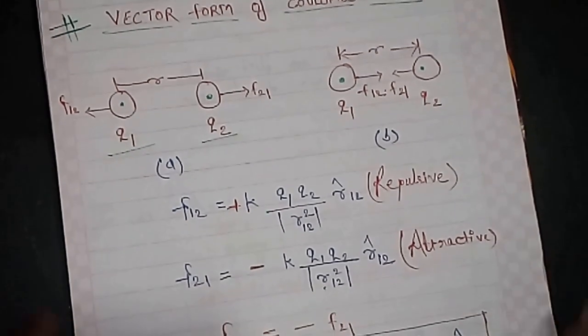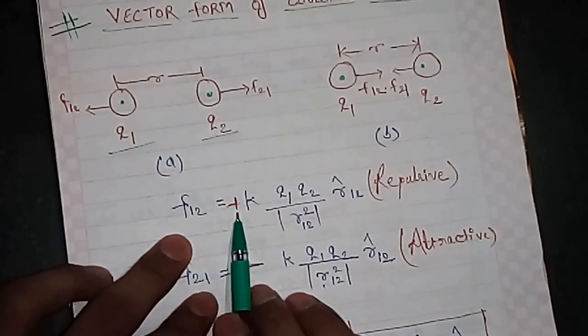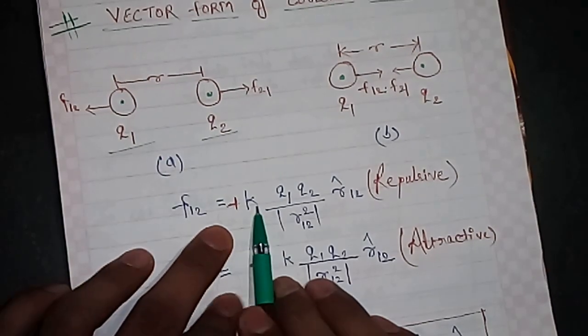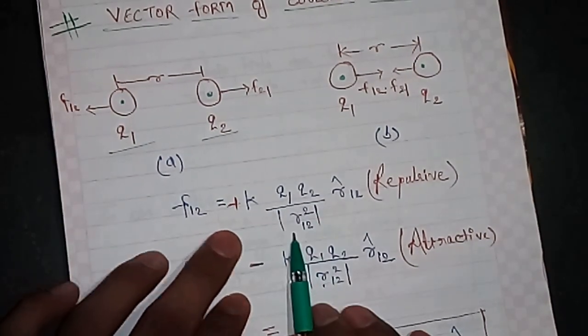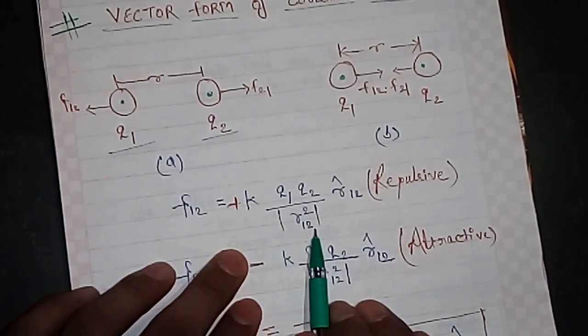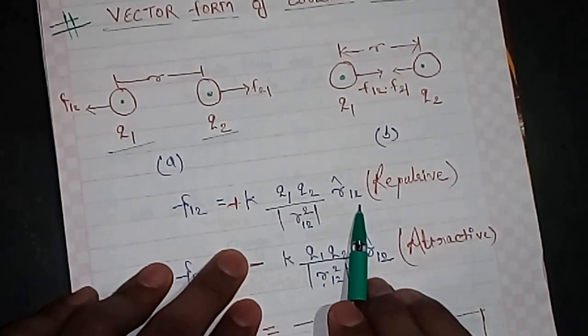F12 is equal to plus K q1 q2 upon mod r12 square r cap 12.